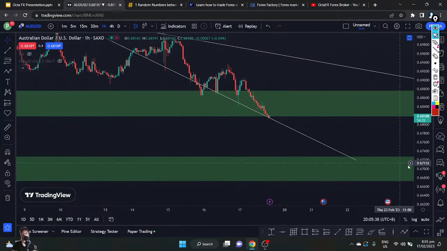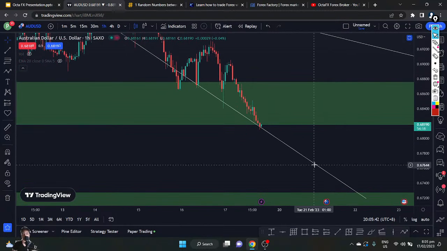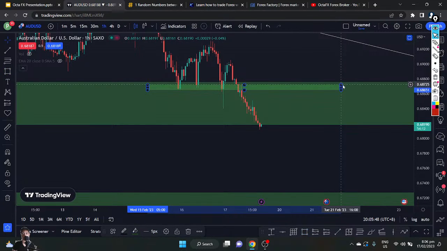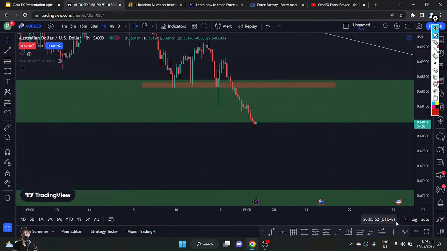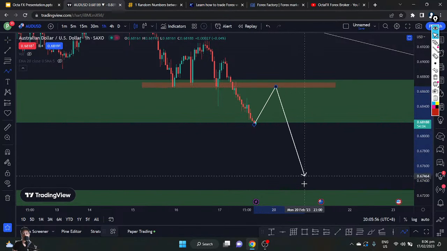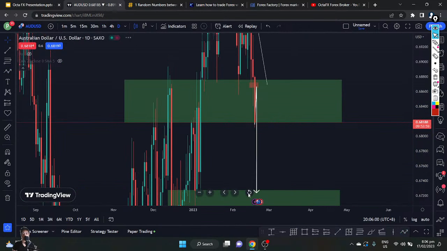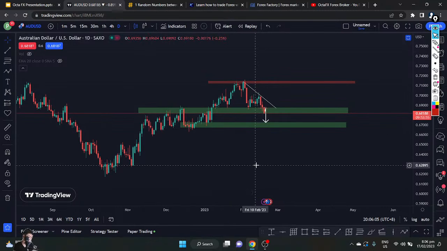So if you want to look for a selling opportunity, we can see that this previous support could act as a resistance for us. If this is the case, we can expect a pullback to this level before going down to our second support, which is right here. Okay.